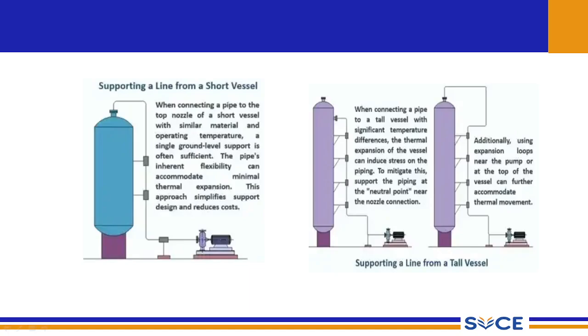In such a scenario, when we are connecting a pipe to a tall vessel with a lot of significant temperature differences, the thermal expansion of the vessel can induce stress on the piping. So to mitigate this, we will do the stress analysis and support the piping at a neutral point near the nozzle connection.